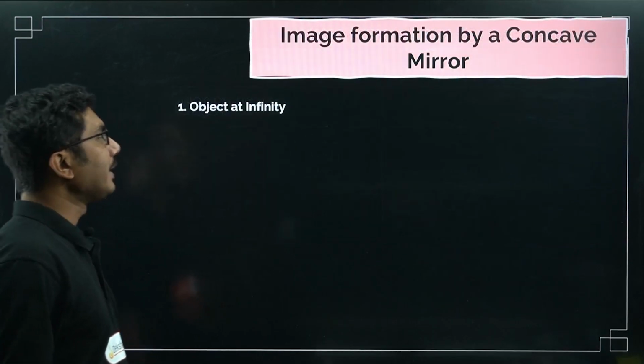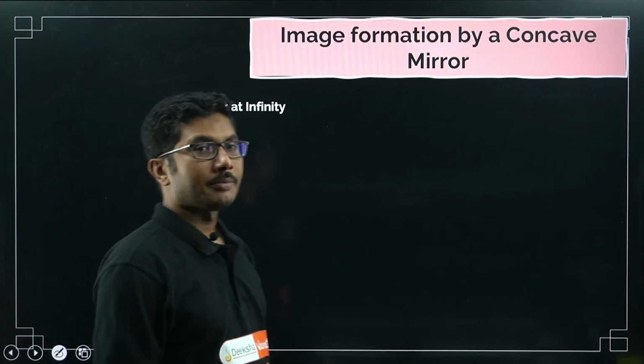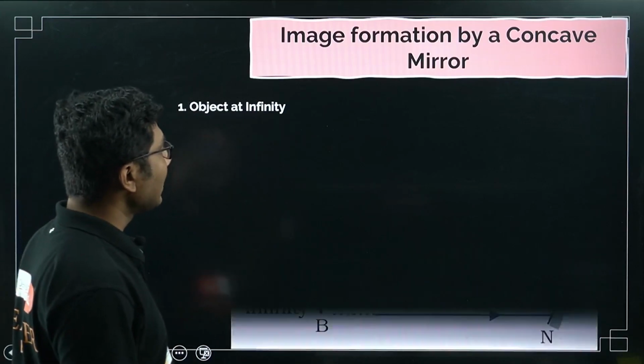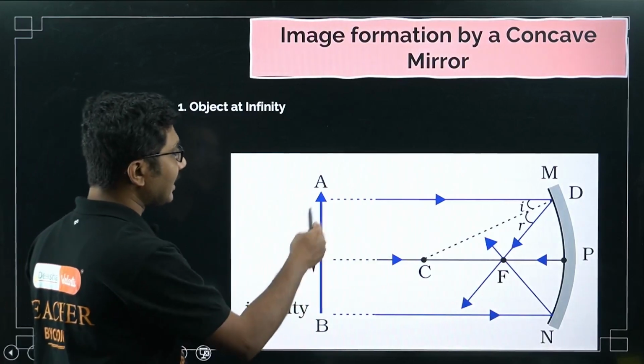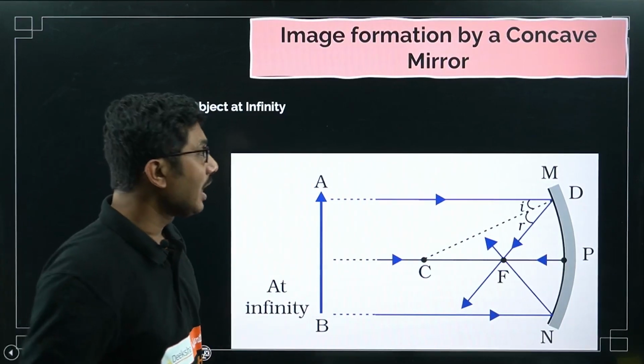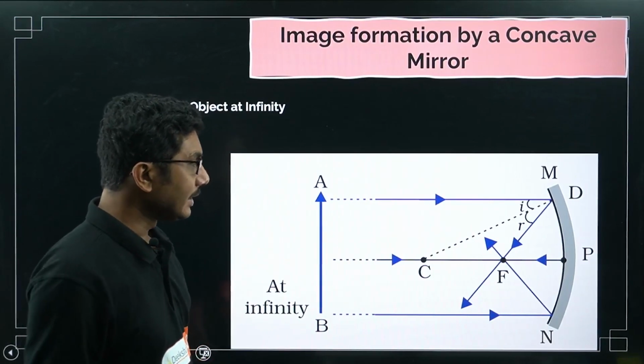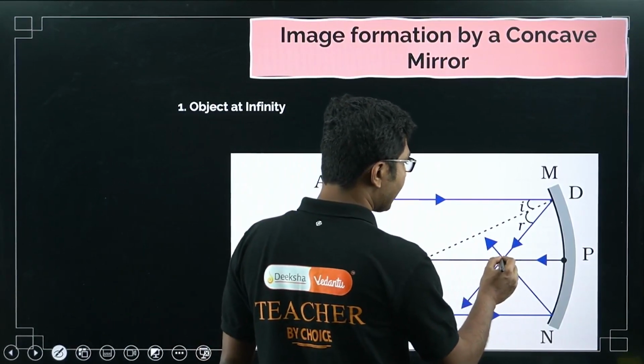Now let's move on to image formation by a concave mirror. First case, the object is at infinity. The object is very far away and the rays coming from it will be parallel to the principal axis. In that case the image will be formed at the focus.